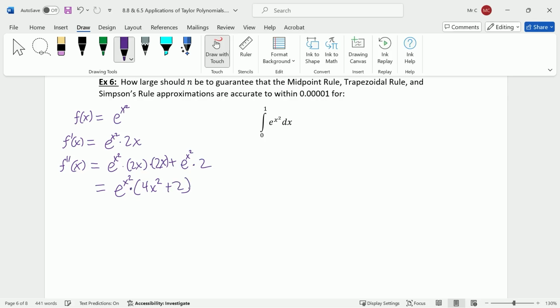And then that gives me another product, and I can do the product rule again, but I'm not going to write all of that out. I'm just going to say the third derivative here works out to 12x plus 8x cubed, times e to the x squared.